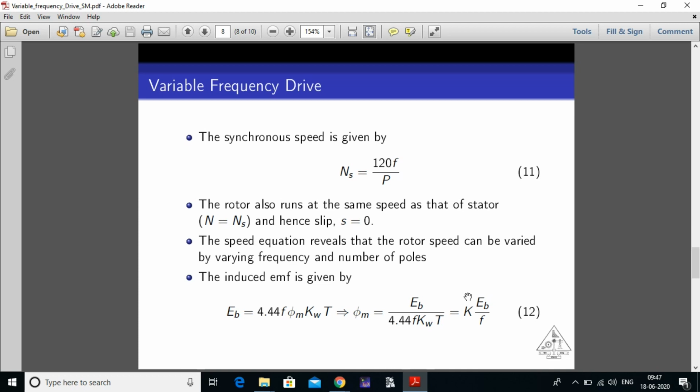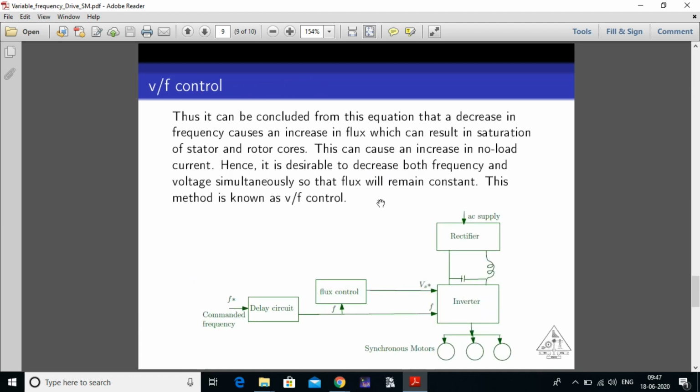And thereby we can make sure that our flux is constant. This method is known as variable frequency control and V by F control. Here, voltage and frequency are either reduced or increased simultaneously so that the flux remains constant and speed can be controlled.